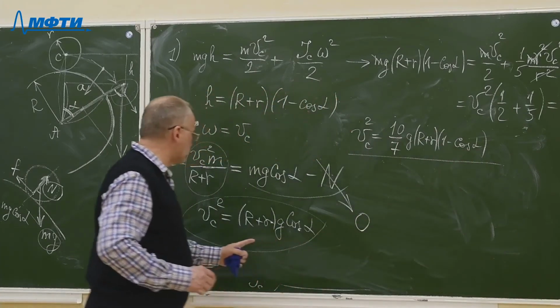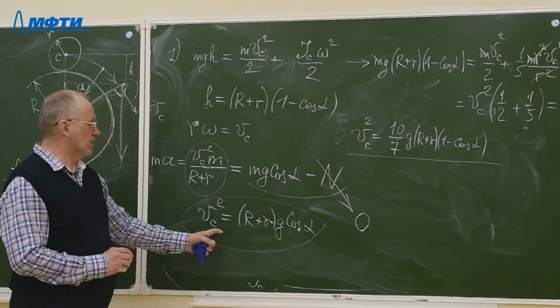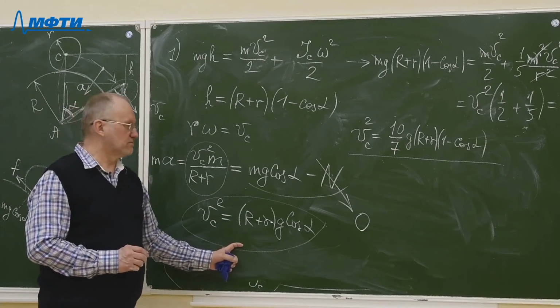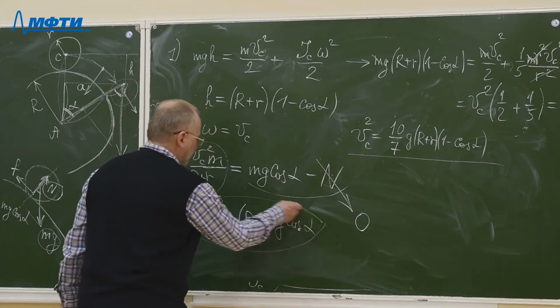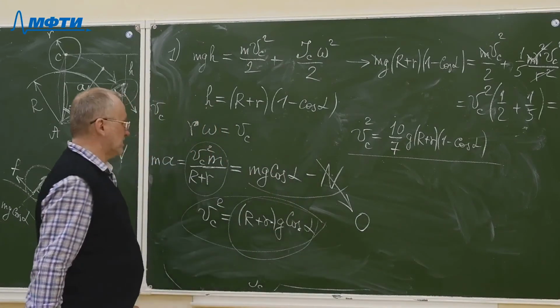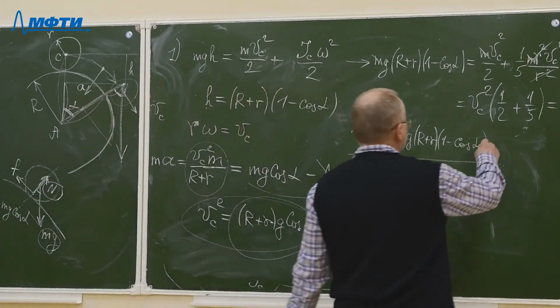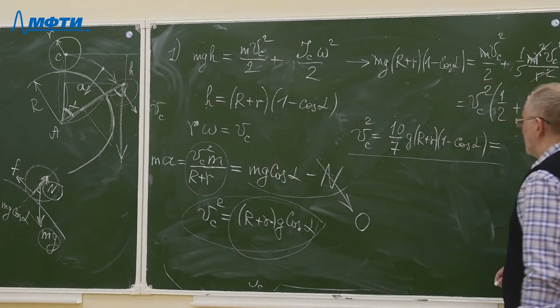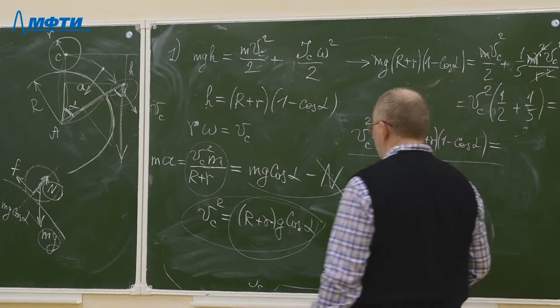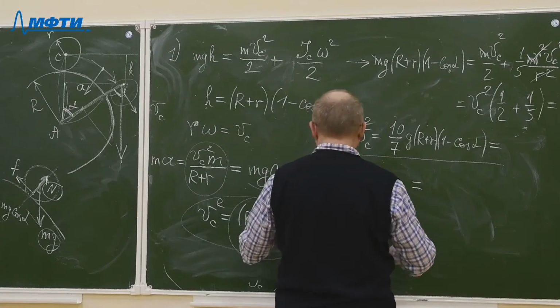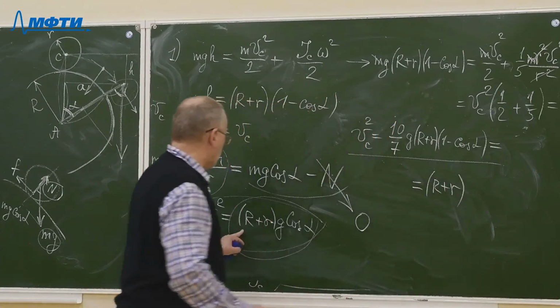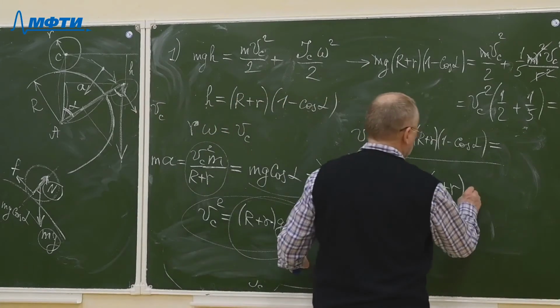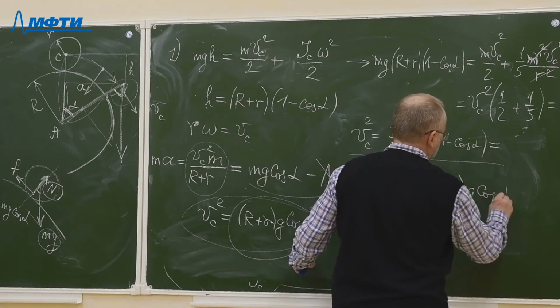And from here we obtain the relationship between the velocity and the angle. And this is another condition for the disconnection. So we may equate this expression to this expression and obtain the condition for angle alpha at which the disconnection will occur. So this must be equal to (R plus r) in round brackets, g cosine alpha.